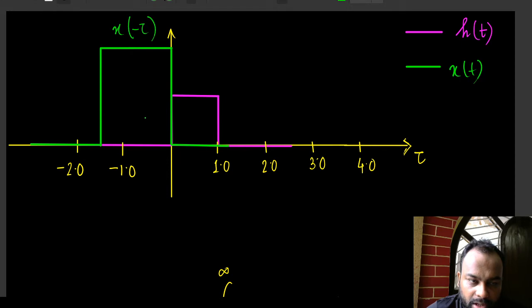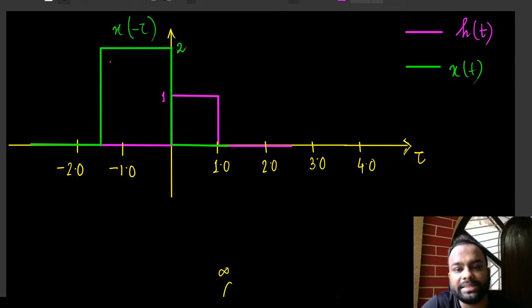Question is, can I do that? Of course I can. Try to understand. Just to give you the values, this is 2, this is 1.